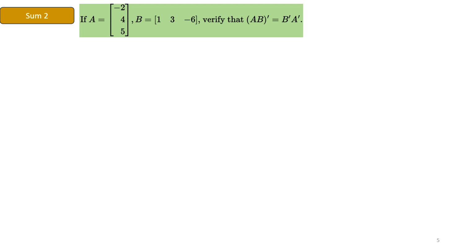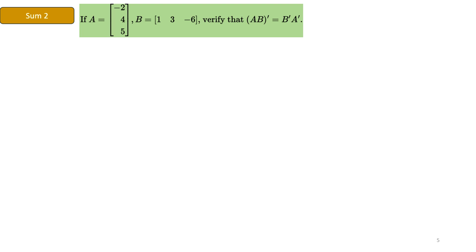Sum number 2. If A is 3 by 1 matrix with elements minus 2, 4, 5, B is a 1 by 3 matrix with elements 1, 3, and minus 6. Verify that A B transpose is equal to B transpose A transpose.